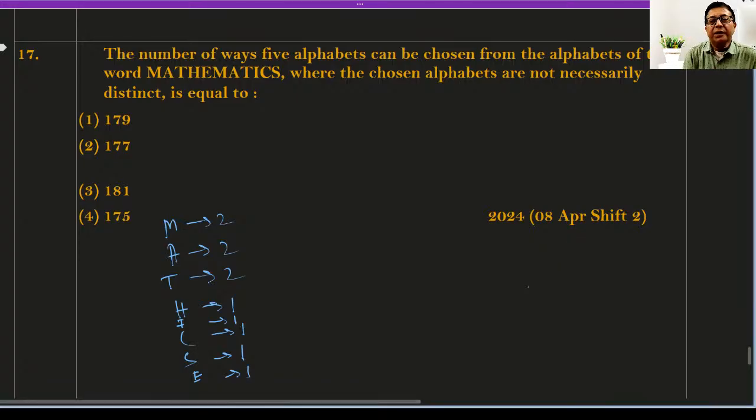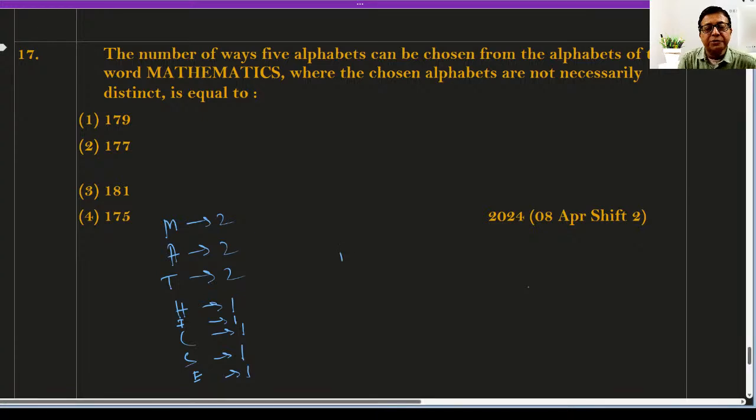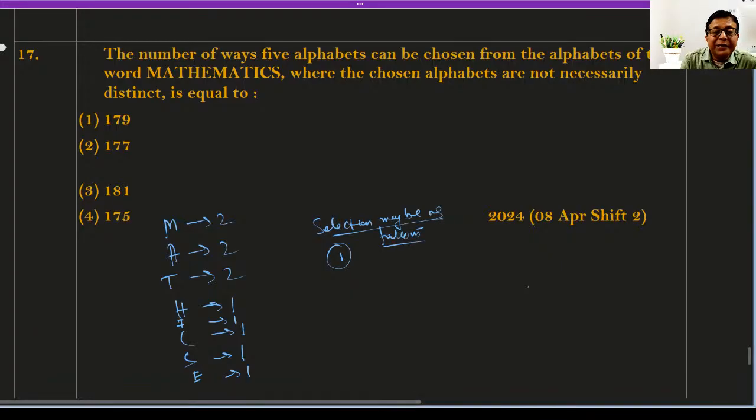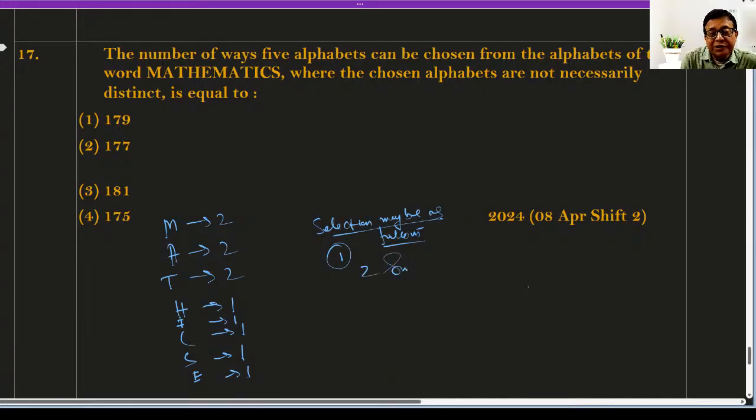Now selection may be as follows. You take two similar, one different.